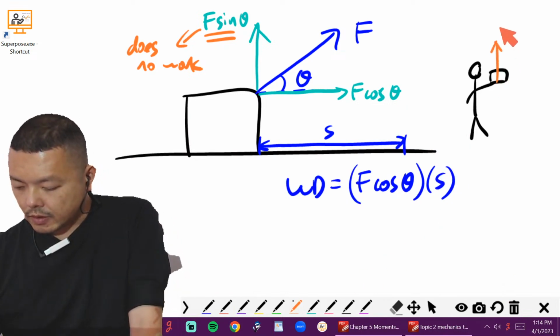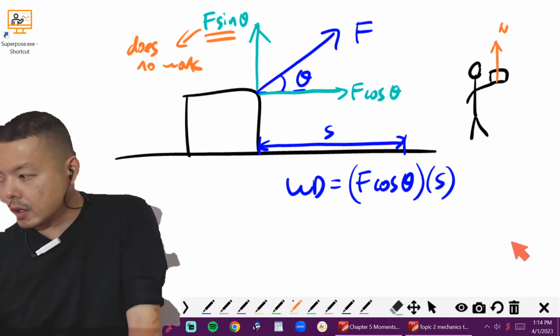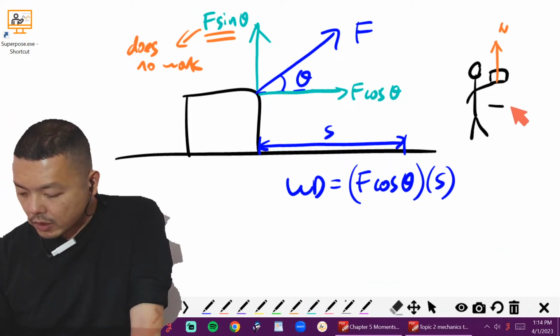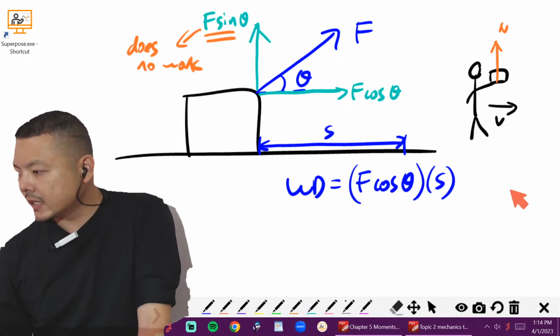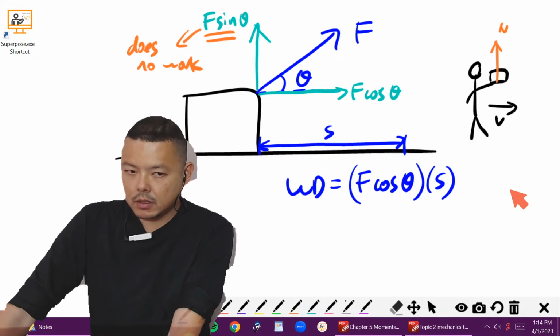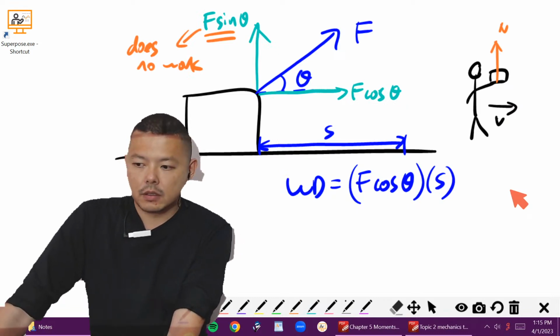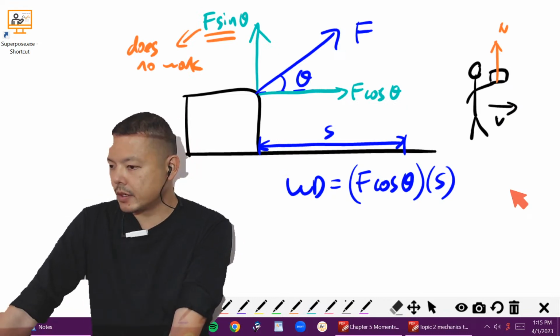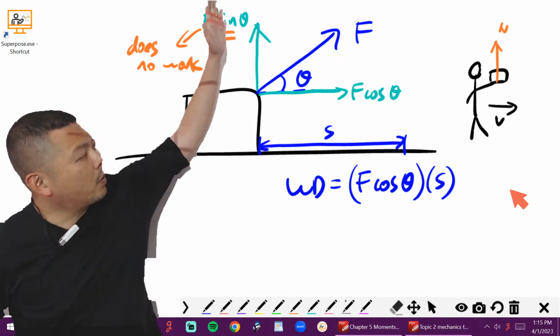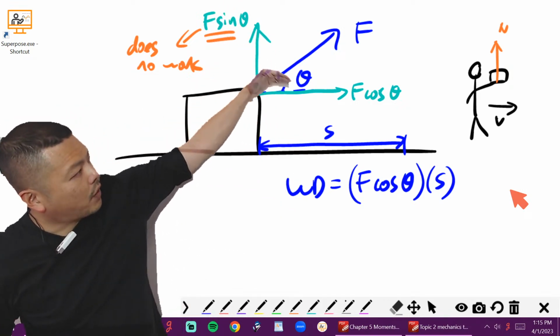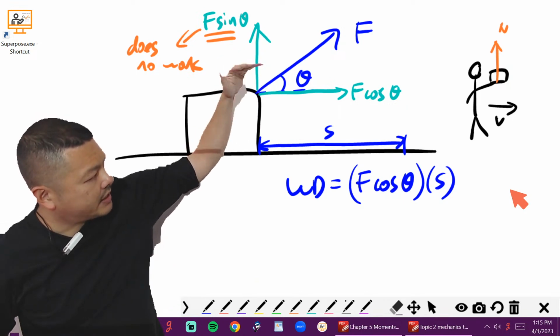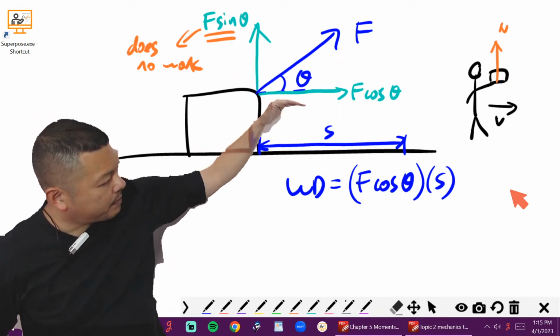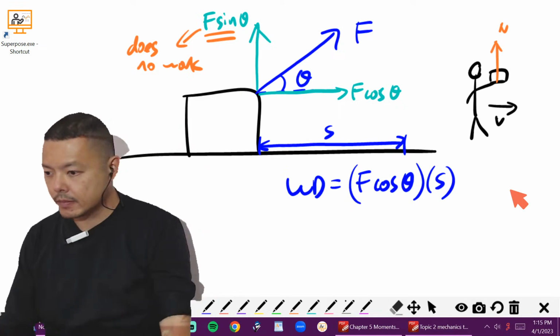The force applied is this one, the normal contact force. If the person walks to the right, what's the work done on the book? 0. Why? Because the force and the direction of movement are not the same. So if you only take the component of force in the same direction as the motion, and multiply it by the distance, you get the work done.